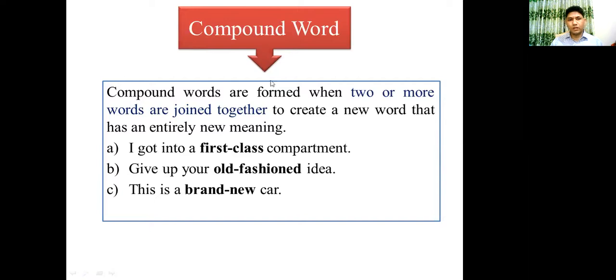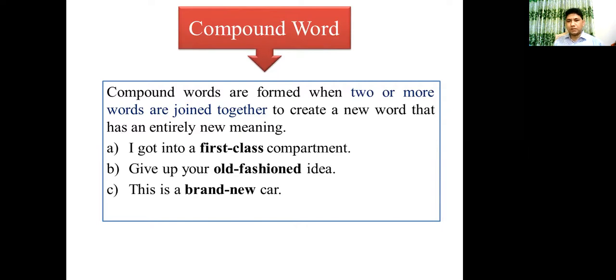Compound word. Compound words are formed when two or more words are joined together to create a new word that has an entirely new meaning. So you see, in a compound word, basically two or more words are joined together, and these words create a new word which has an entirely new meaning.